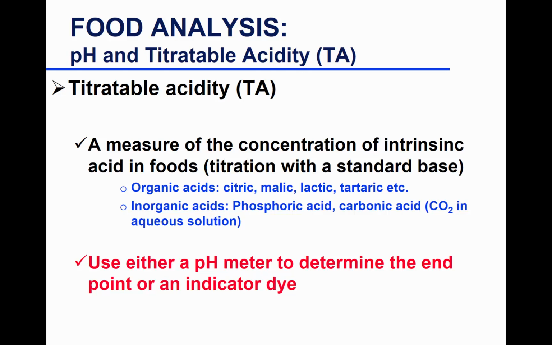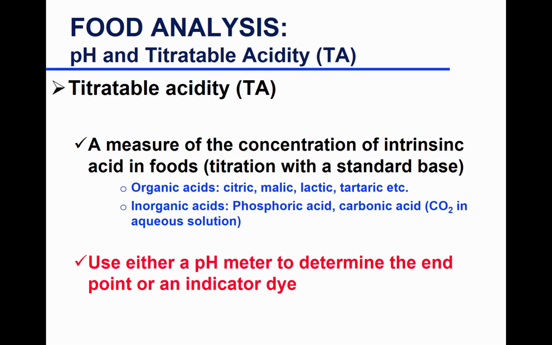If you're doing grapes, you're measuring tartaric acid. If you're doing lemon, citric acid, etc. So the main organic acid present in the highest abundance in your product, you would use to calculate titratable acidity. Inorganic acids often used in beverages are phosphoric and carbonic.